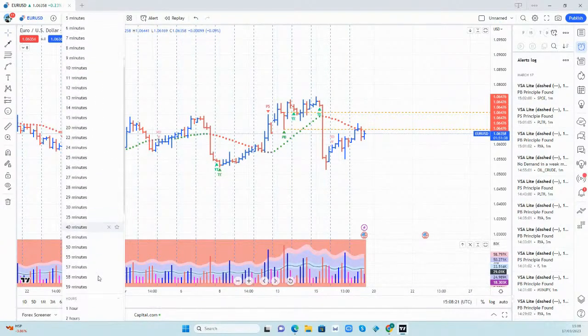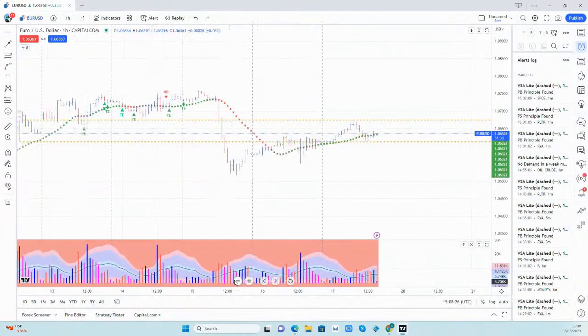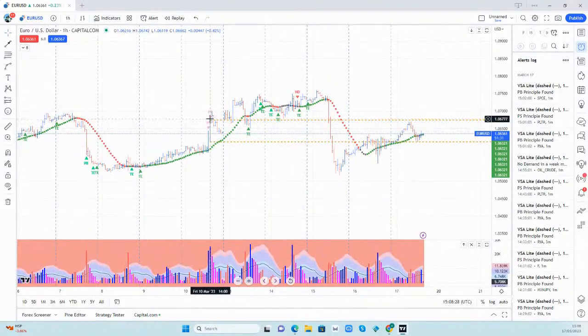So now the 1 hour chart. Potential professional selling wasn't confirmed. It's tried to push up.